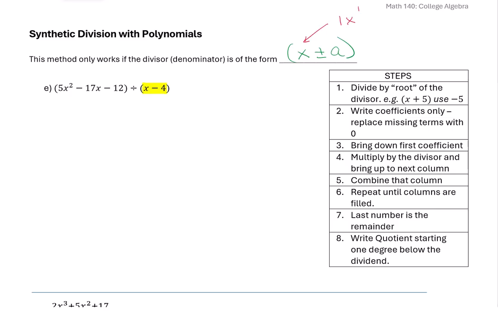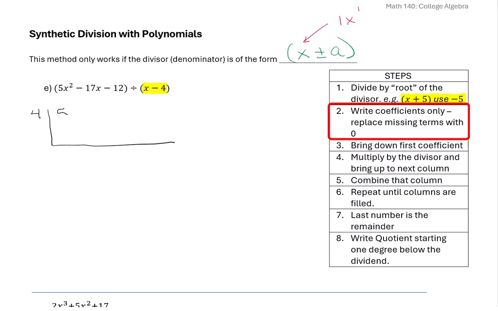So the setup for synthetic division, we would divide by the root of that divisor. For example, if we were dividing by x plus 5, we would use -5. Imagine setting it equal to 0 and solving. So we're going to put the number 4, and we're going to do kind of an upside down division, and we're going to write only the coefficients of this dividend.